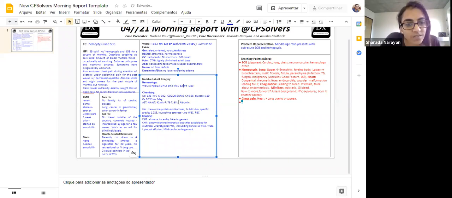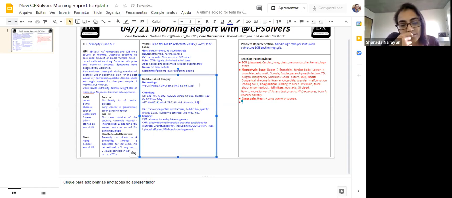And then his hemoglobin is low, not that surprising given that he has been coughing up blood, and it's a normocytic anemia. So we're not worried about some sort of underlying iron deficiency or nutrient deficiency. In terms of his BNP, let's see. His bicarb was 20. So he is acidotic and he's hyperventilating to respond to that.